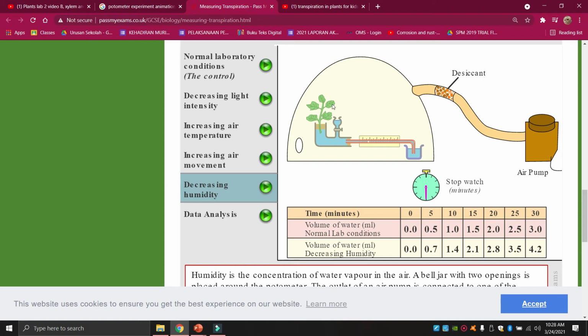The plants will release the water, so more water will be absorbed by the plants to replace the water that is released to the surrounding. That's why it becomes higher.